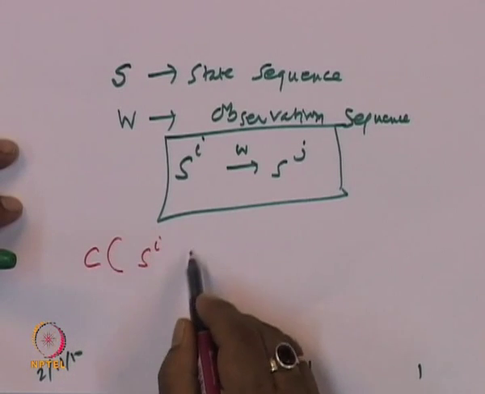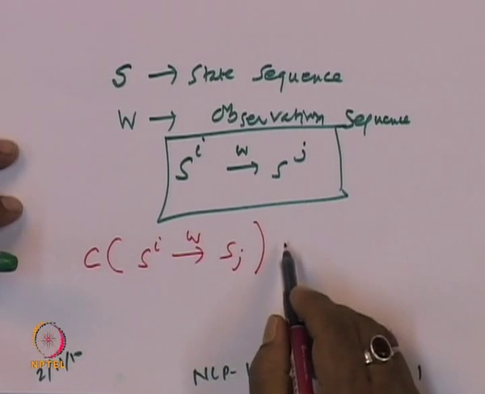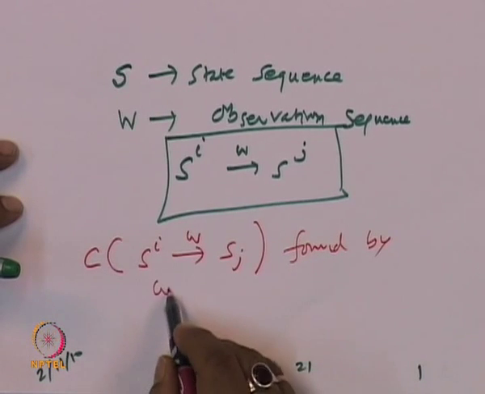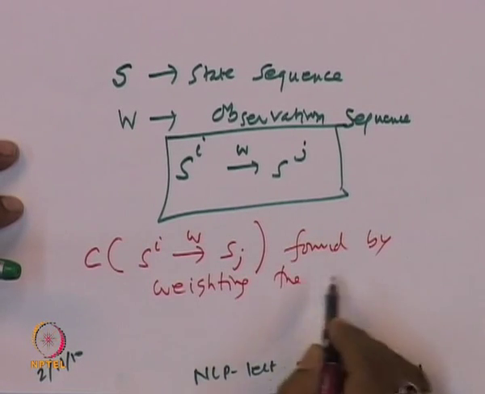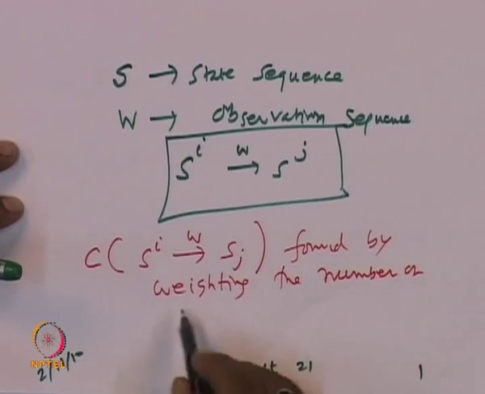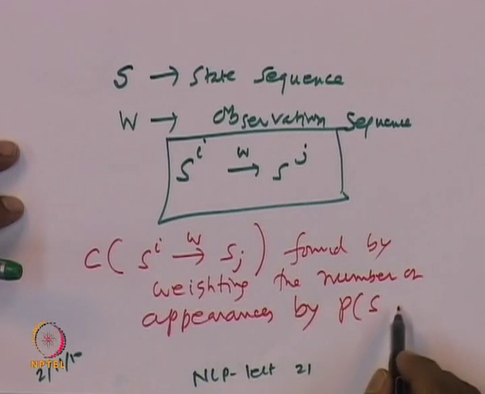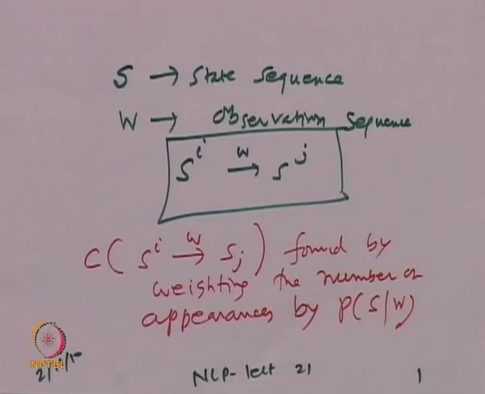The count of S i to S j on W will be found by weighting the number of appearances by the probability of S given W. This makes sense, because we have the number of these patterns obtaining in the observation sequence and the state sequence, and if this pattern appears in multiple state sequences resulting from the observation sequence, then it makes sense to give weightage to these counts.